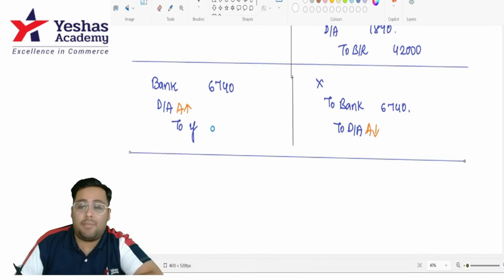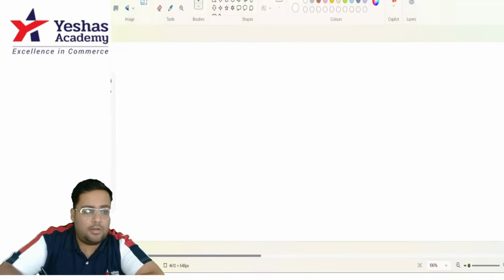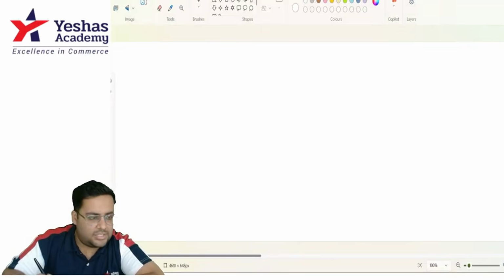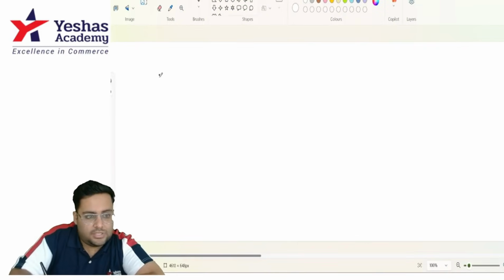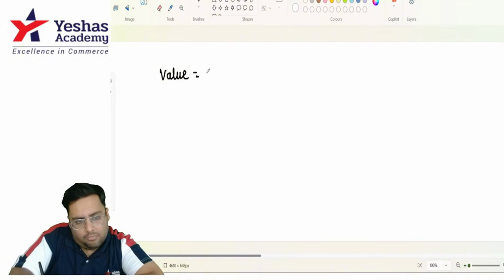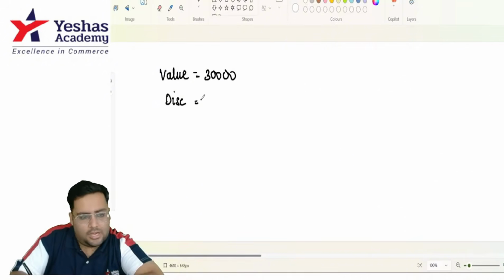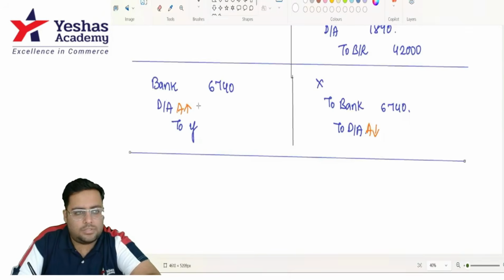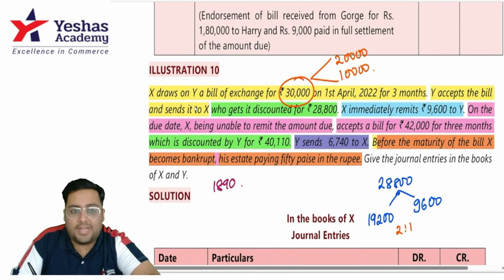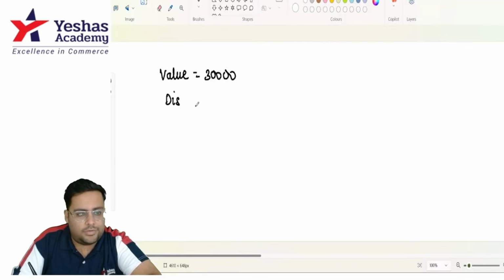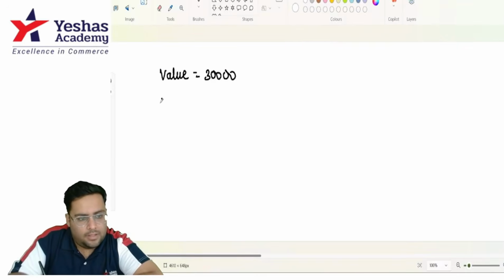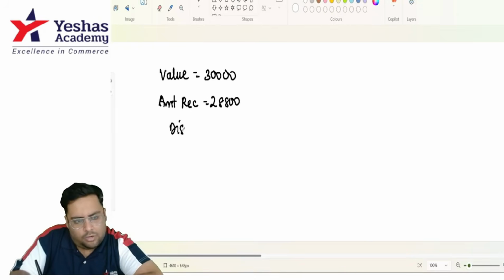Let me remind you what we did in the first bill of exchange. The value of the bill was 30,000. Your discount involved was 1,200. 28,800 was the amount received. So the amount received is 28,800, and therefore your total discount is 1,200.